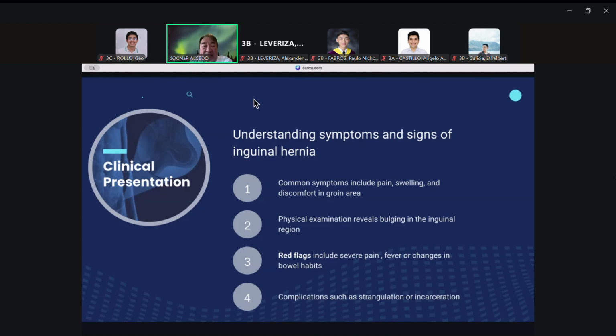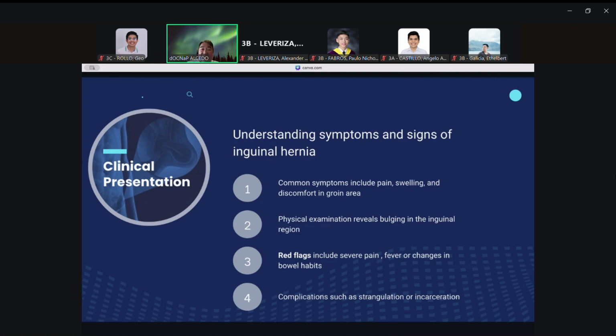But most of the time, no mother will be bringing her daughter, more commonly among the males, no? So her son, I mean, to the doctor complaining of a possible hernia when there was or there is in fact none. So we just base it on historical data and usually coming from the parents.